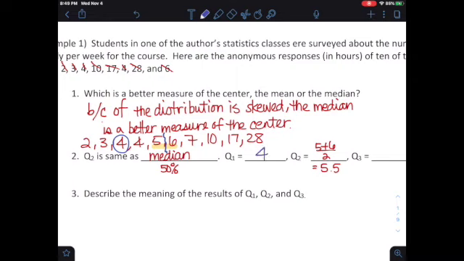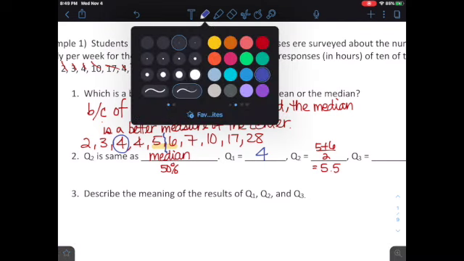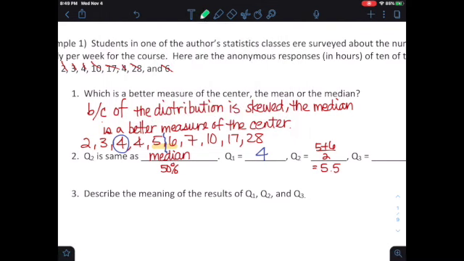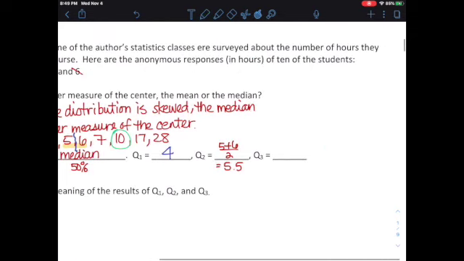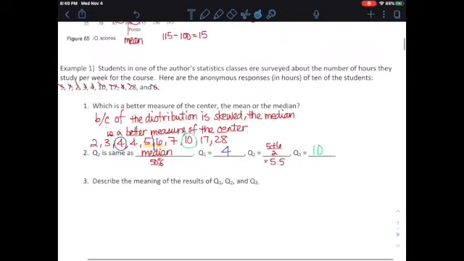If you look at the other side, which is your right hand, the upper quarter, you are going to look at all the numbers 6, 7, 10, 17, and 28. 10 will be your middle one. So therefore, that's Q3. So that's 10.